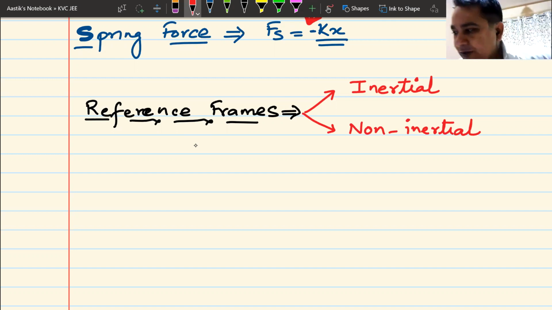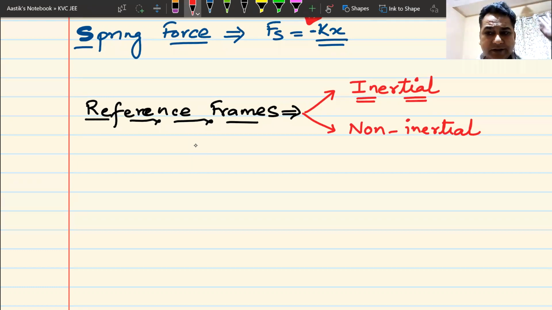Okay, not a problem. Now let us try to understand the first one, inertial reference frame. Before going on to inertial reference frame, let us go back and try to remember what you mean by a reference frame. Does anyone remember what is a reference frame?